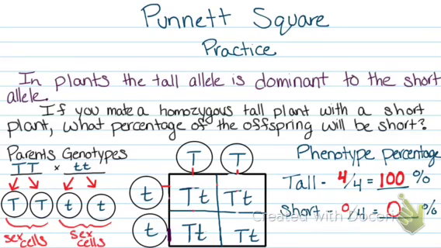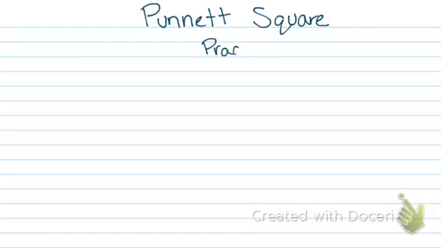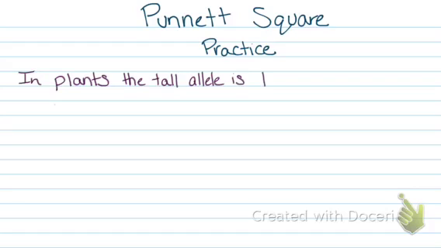Now for a new Punnett square example. Let's use the same situation where we have height as a trait in plants, and tall is dominant to short. In this next example, we're going to mate, or we're going to cross, 2 different parents.